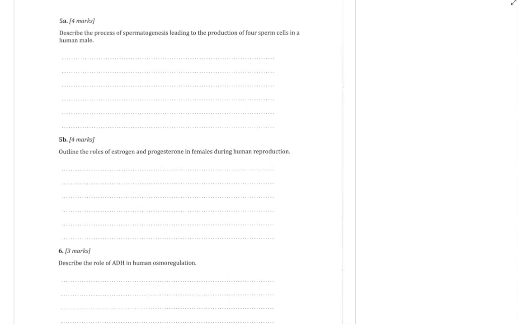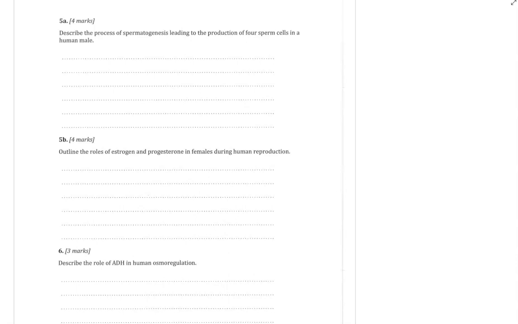The primary spermatocyte carries out the first division, and then the secondary spermatocytes carry out the second division, and that produces the spermatids, which differentiate into the sperm cells and develop the tail, and the Sertoli cells help them to differentiate. Now, that's way more than 4 marks worth. So obviously you need to pick 4 marks from there.